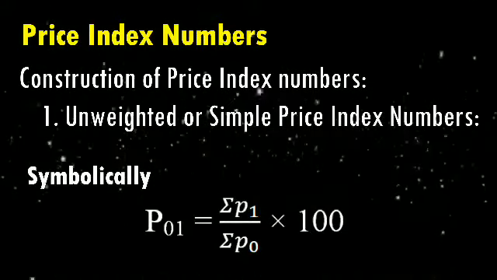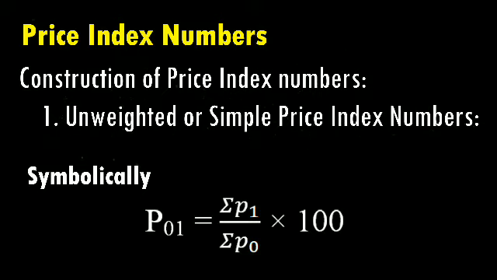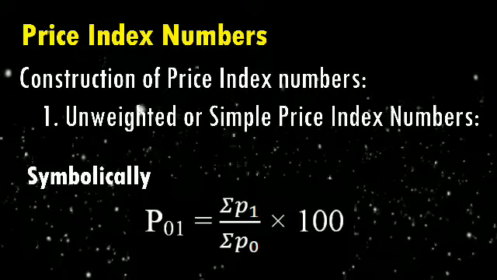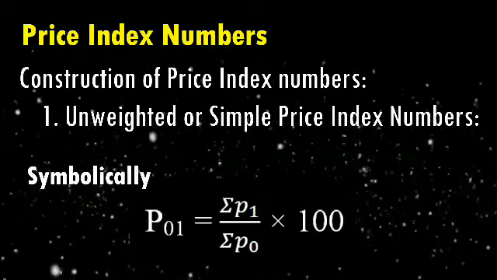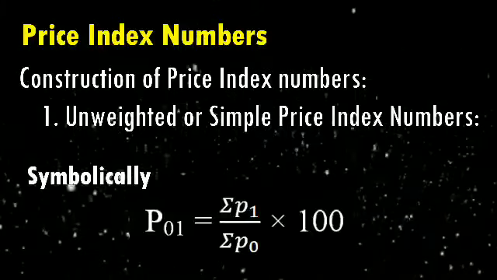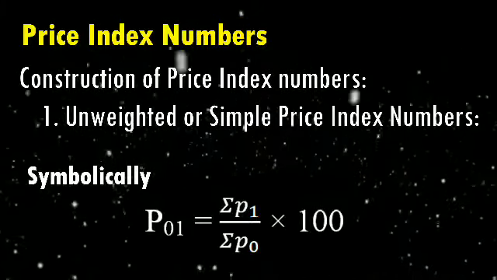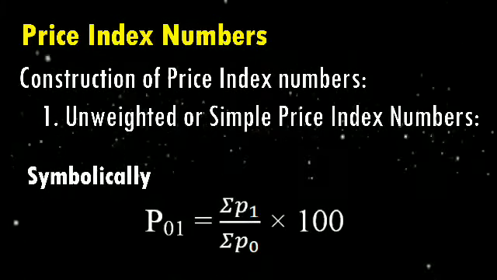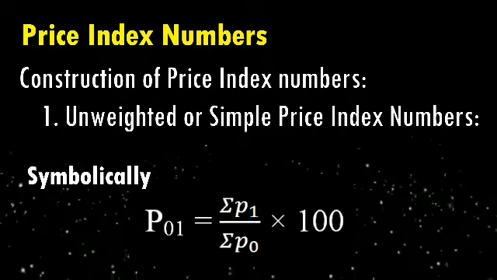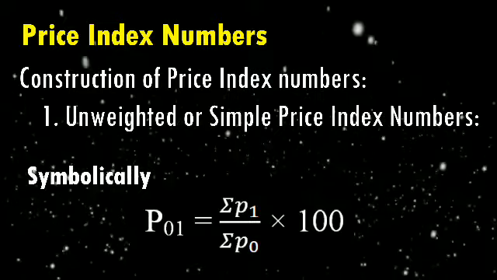You are computing the price values for the current year 1 with respect to the base year 0. Therefore, by using the simple aggregative method, you can compute the index number based on the formula P01 equals sigma P1 divided by sigma P0, multiplied by 100.